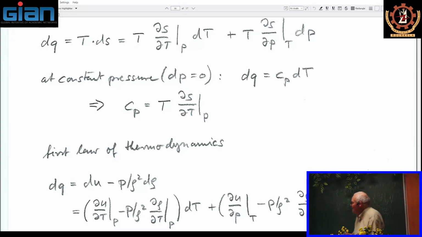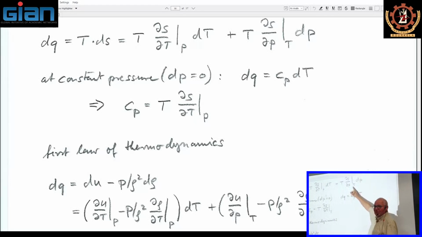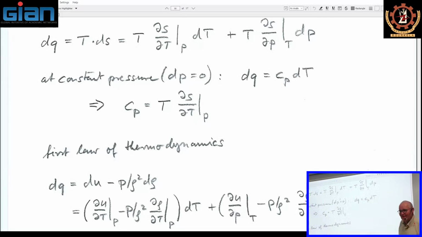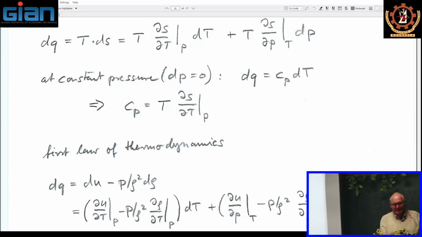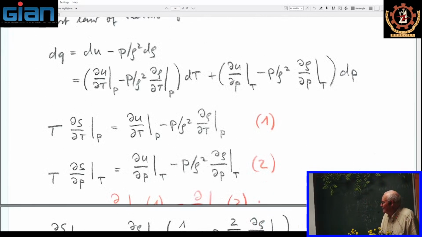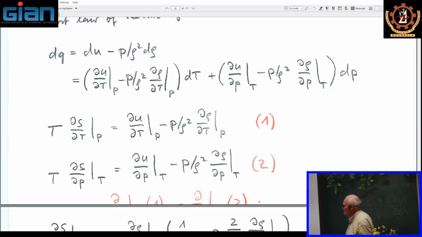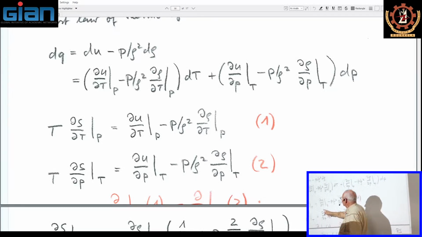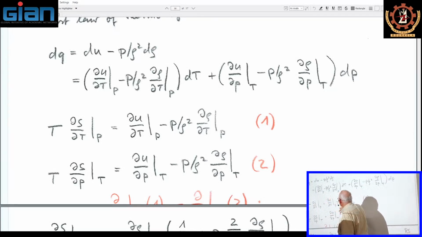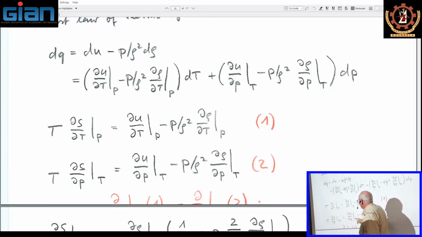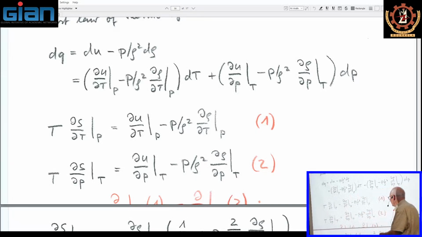And what we are aiming at is determining this derivative. So we have two identifications. T times ds/dT is du/dT minus p over rho squared d rho/dT. And the second one is T times ds/dp is equal to (du/dp) at constant temperature minus p over rho squared (d rho/dp) at constant temperature.